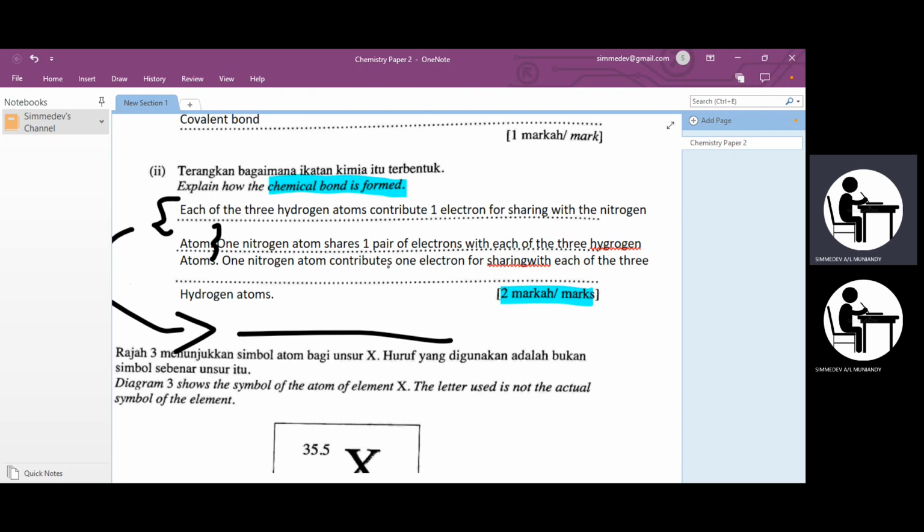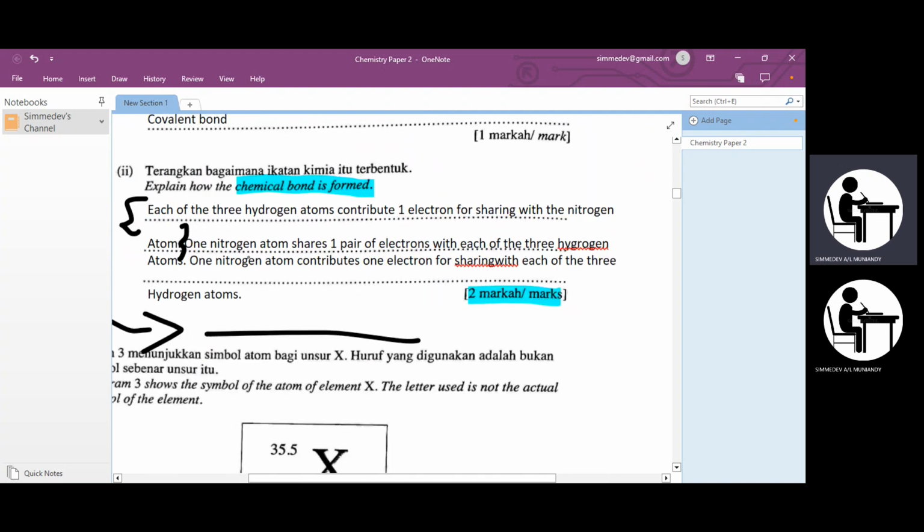So over here, if you look carefully, first of all, we are mentioning how many pairs of electrons are being shared between the nitrogen atom and the three hydrogen atoms. So it is one pair of electrons. And then the next sentence mentions one nitrogen atom contributes one electron for sharing with each of the three hydrogen atoms. So we are elaborating how many electrons are contributed by the one nitrogen atom.